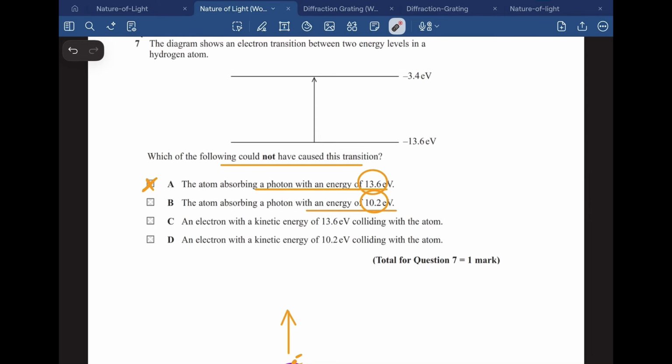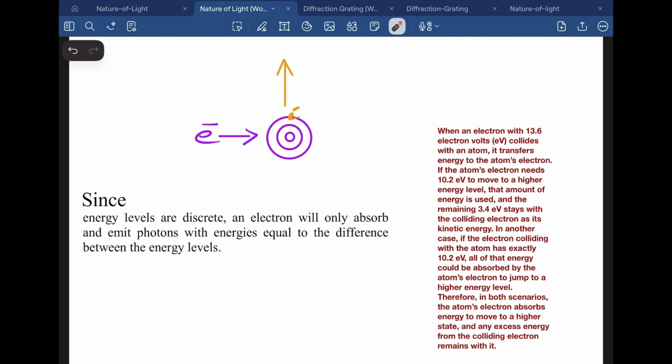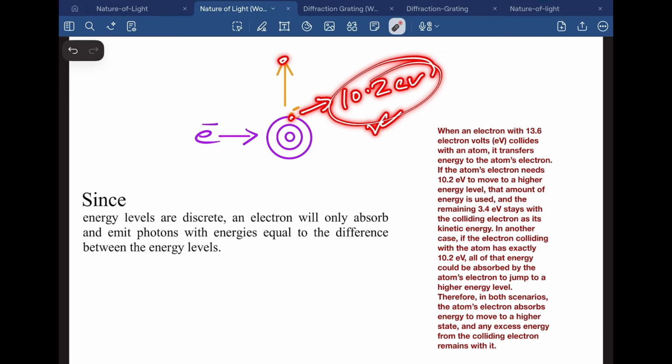Now the next part says an electron with a kinetic energy of 13.6 electron volt colliding with the atom. So yes, it can actually happen. I have written the explanation right here. Let's say this electron is going to collide with the atom. The electron inside the atom requires 10.2 electron volt to move from lower energy level to higher energy level.